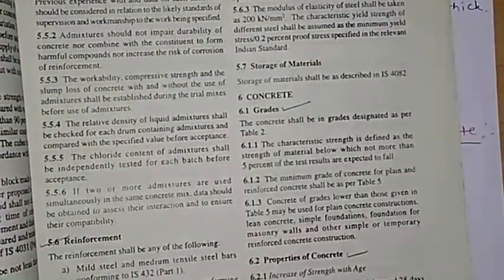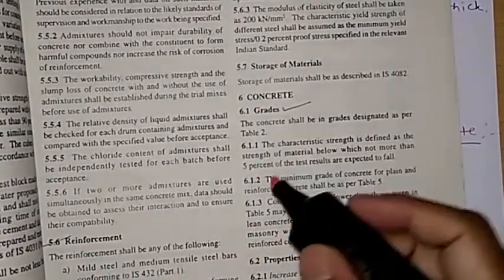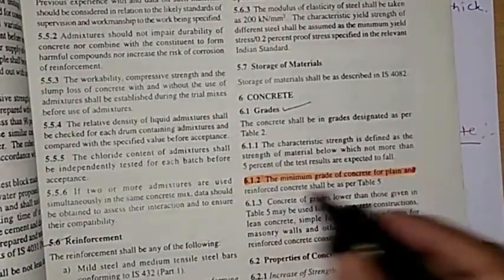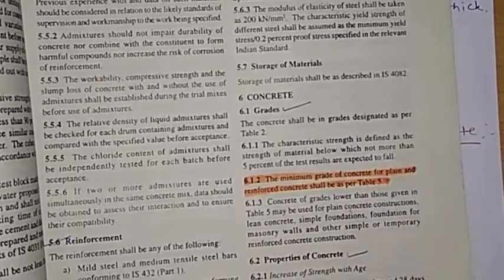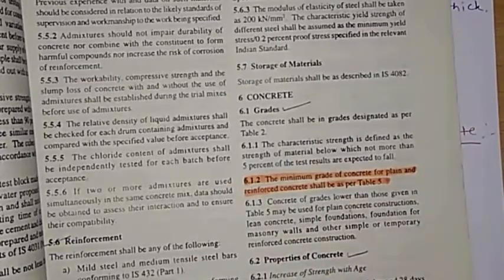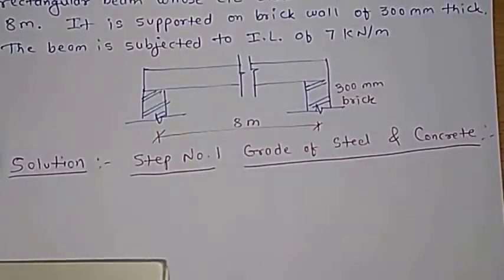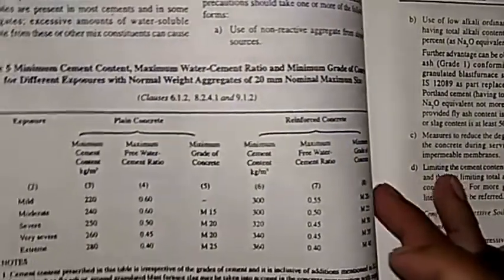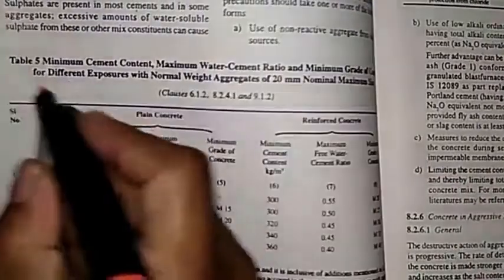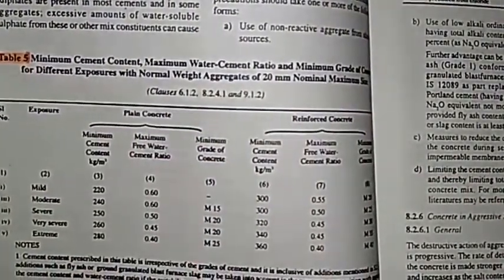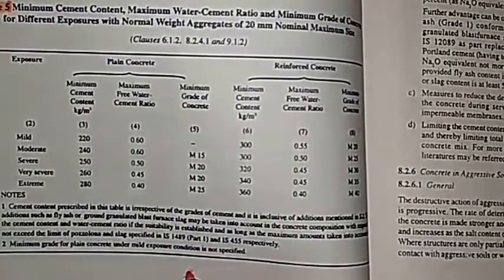Page number 15 says, clause 6.1.2, the minimum grade of the concrete for plain and reinforced concrete shall be as per table 5. So as per table number 5 we need to go. Table number 5 is on page number 20.